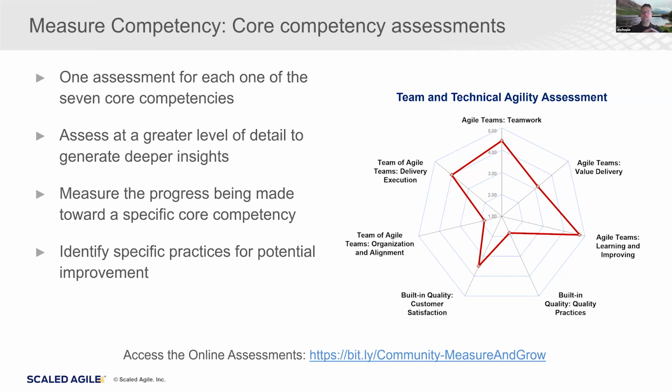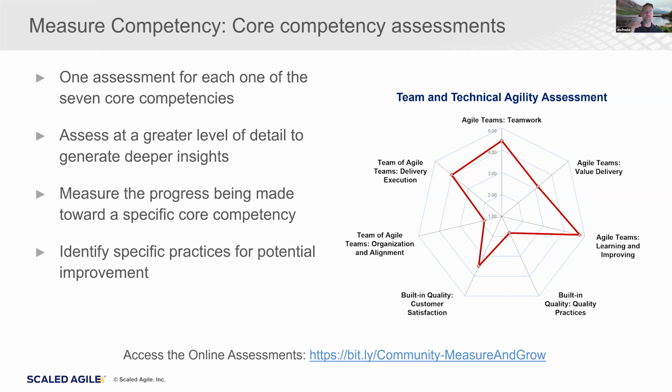So we move out of the high level questions that give us a general understanding, diving now deep into that specific core competency and all the domains within that core competency, getting some real specific statements to give us some specific information on how we're doing in that competency and which areas of that competency we then want to target for improvements and growth opportunities in our organization.